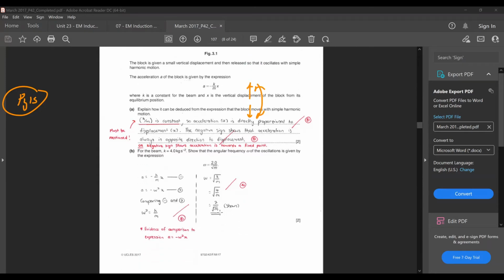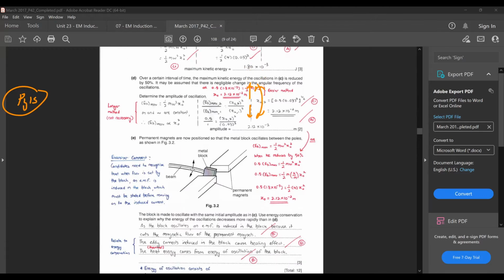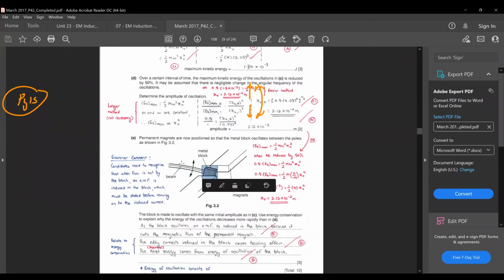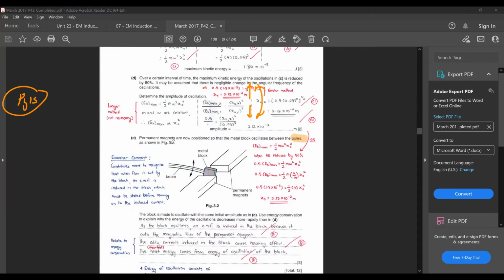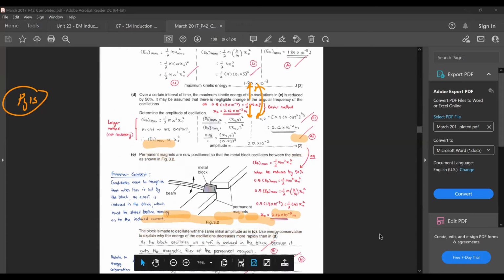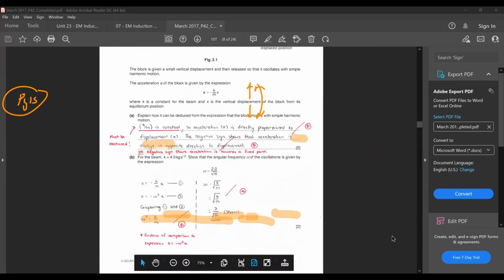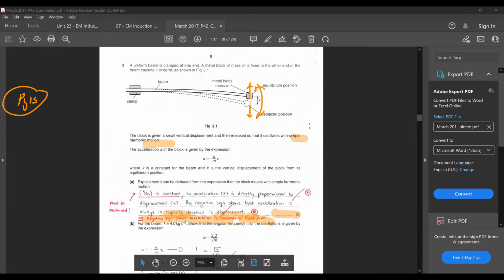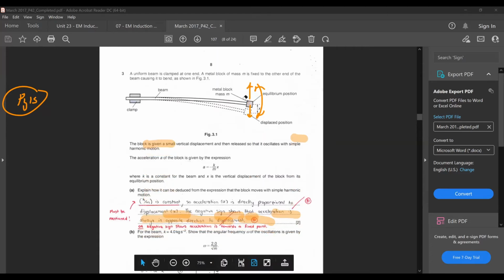Now, towards the end of this same question, they tell you that the beam with the block attached is now placed between two magnetic poles, as shown in figure 3.2. The block is now made to oscillate with the same initial amplitude as in C. Use energy conservation to explain why the energy of oscillation decreases more rapidly than in D. When we were doing the oscillation chapter, we said that as this thing was oscillating, it will gradually die down.